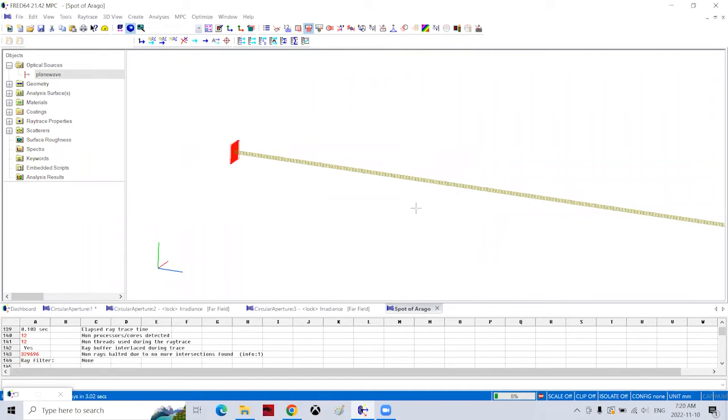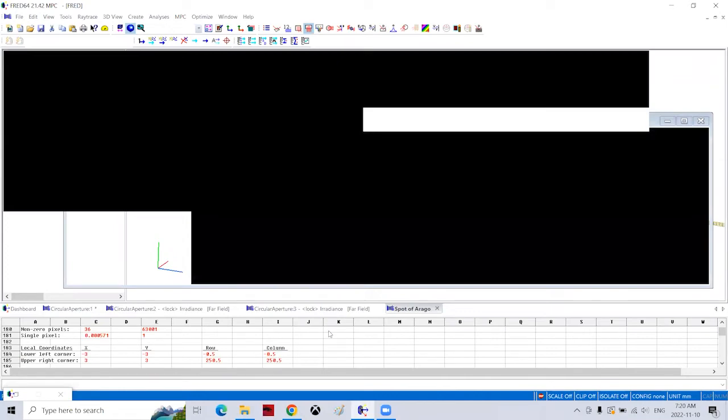I'm using a lot of rays and quite a lot of samples to get a decent enough resolution. It takes about 10 seconds in this case, maybe a touch longer. So please bear with me. When I said 10 seconds, I meant 25 or 30 seconds, but there we go.